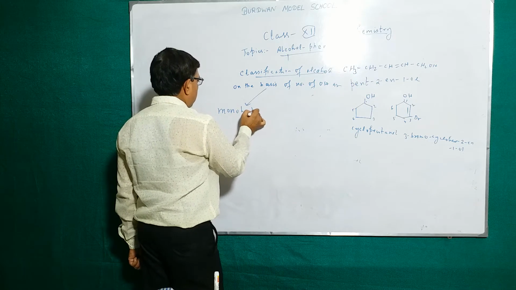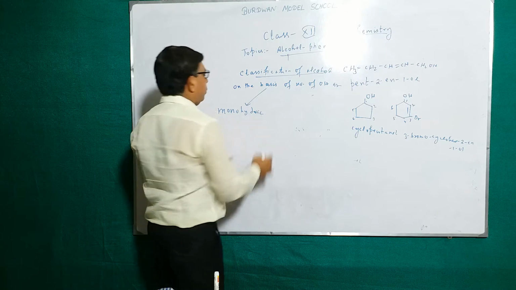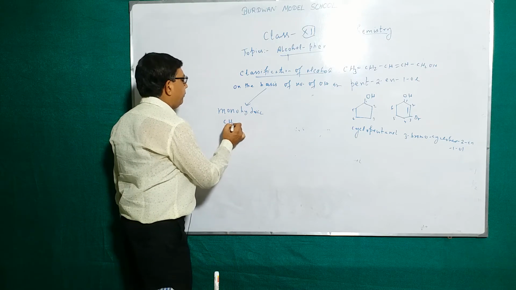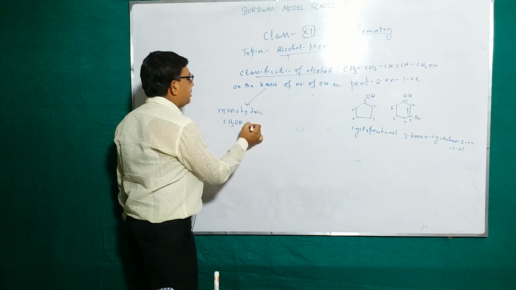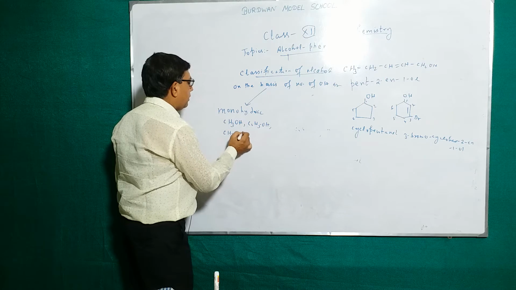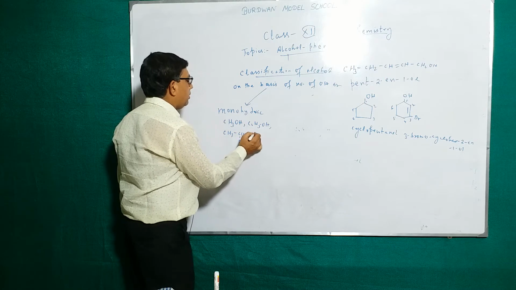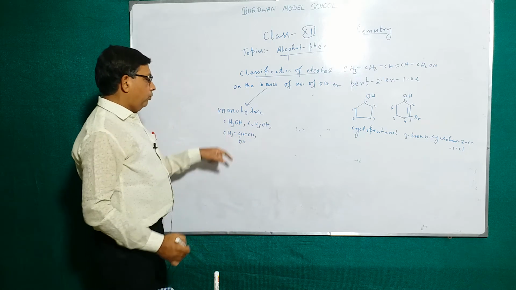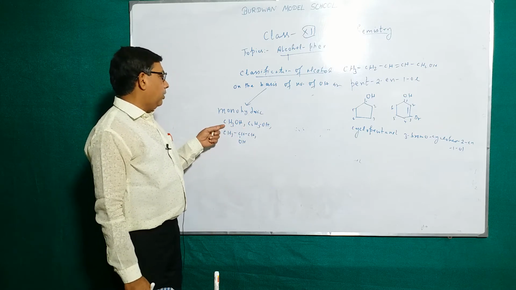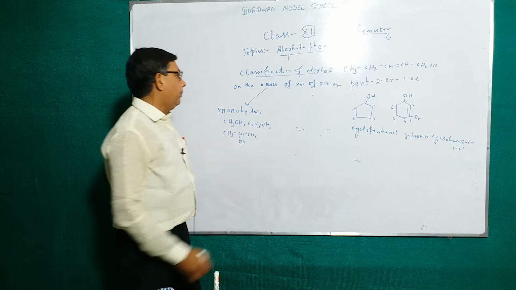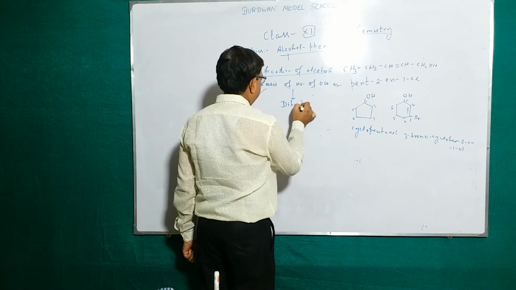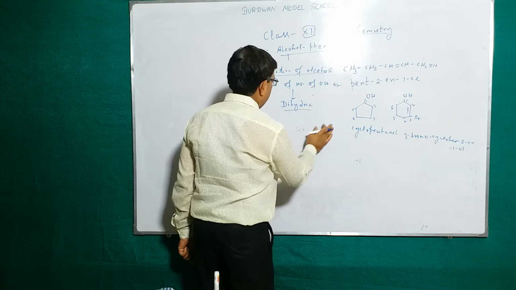Monohydric means which contain only one OH group. For example, CH3OH, C2H5OH, CH3CHOHCH3, all these compounds contain one OH group. So this is monohydric alcohol: methanol, ethanol, propan-2-ol. Next, dihydric alcohol.